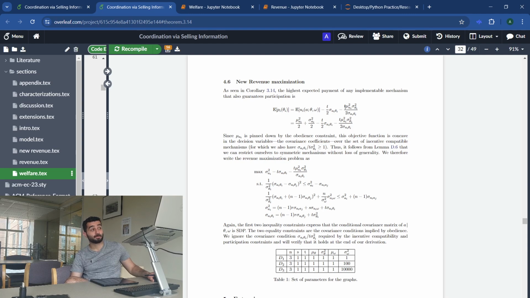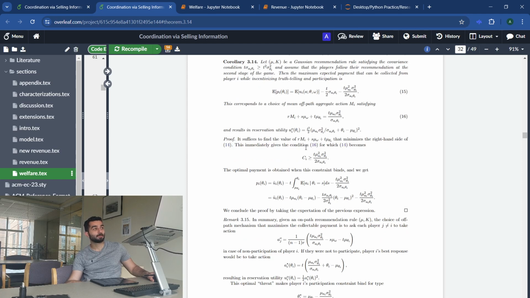If it is, it's really good. Be a Gaussian mechanism rule satisfying the covariance condition. Okay, we need to check if it is satisfying this.